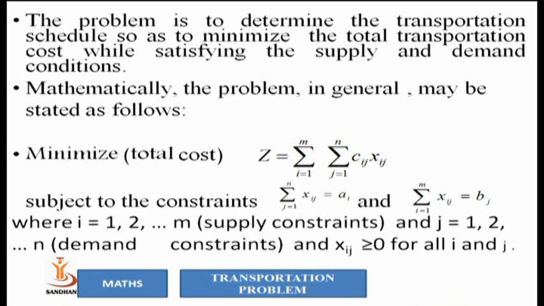And the constraints are summation Xij is equal to Ai and summation Xij is equal to Bj, where i are the supply constraints and j are the demand constraints. And of course, Xij should be greater than or equal to 0 for all i and j. This is how we formulate a general transportation problem into a linear programming problem.